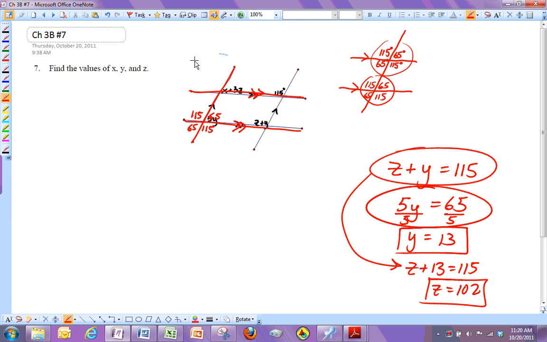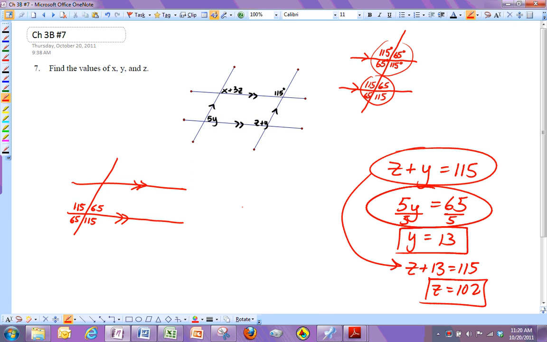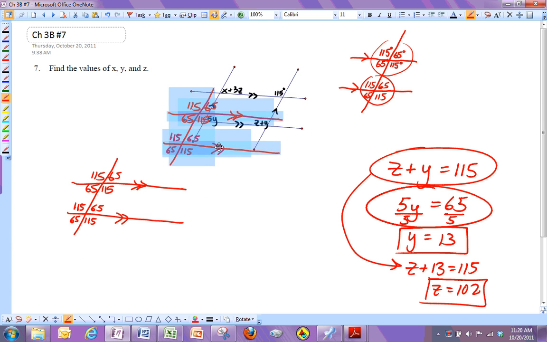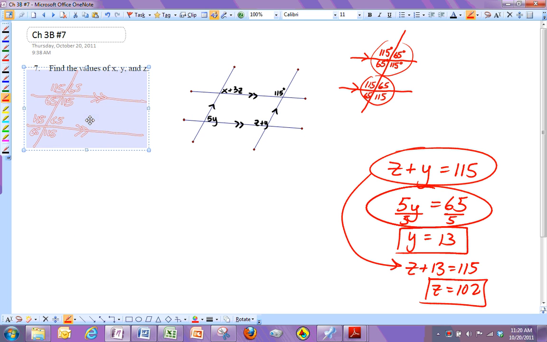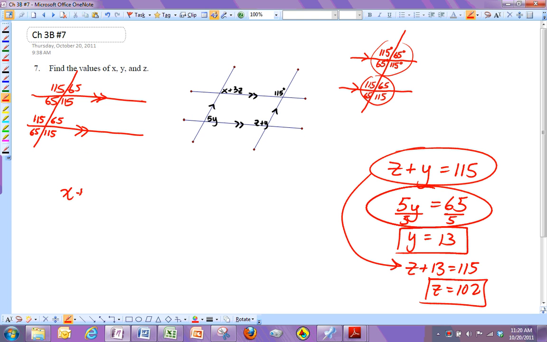If I move this over, now these angles slide up to here. So 115, 65, 65, 115. If I put these back, that 65 up on the top right now matches up with x plus 3z. So x plus 3z equals 65.